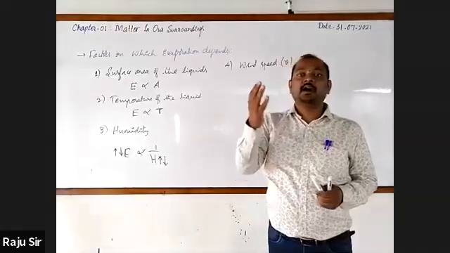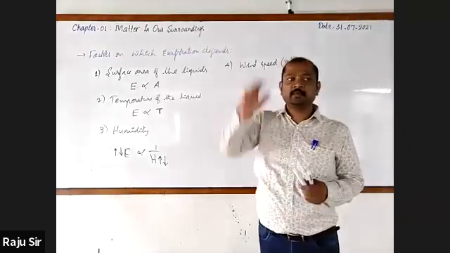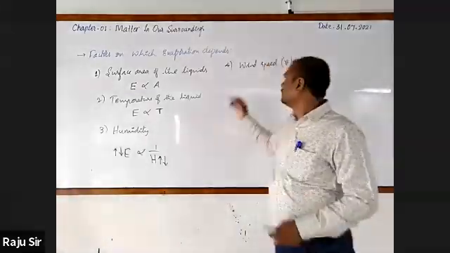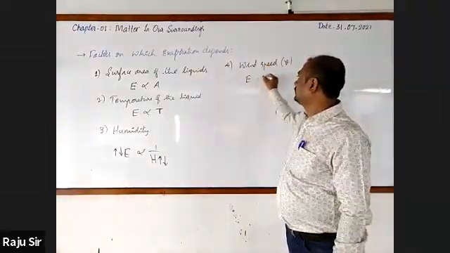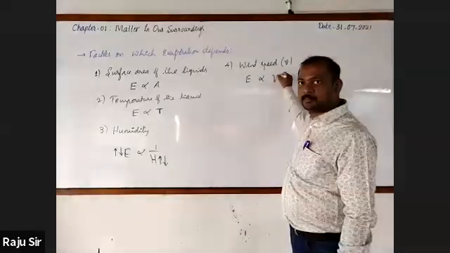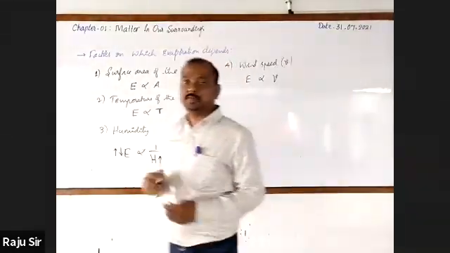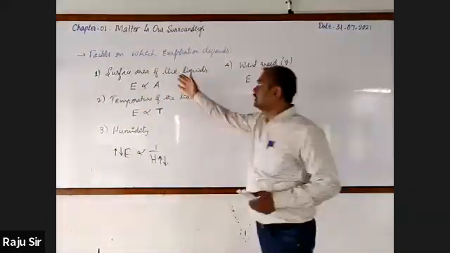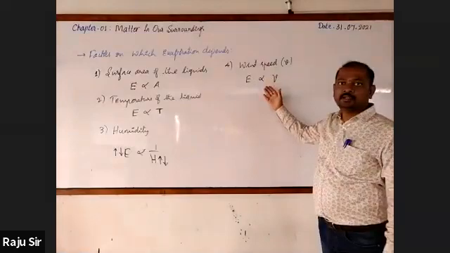As the wind speed decreases, the rate of evaporation too decreases. Directly proportional. The rate of evaporation is directly proportional to wind speed. So these are the 4 important factors on which the rate of evaporation depends.